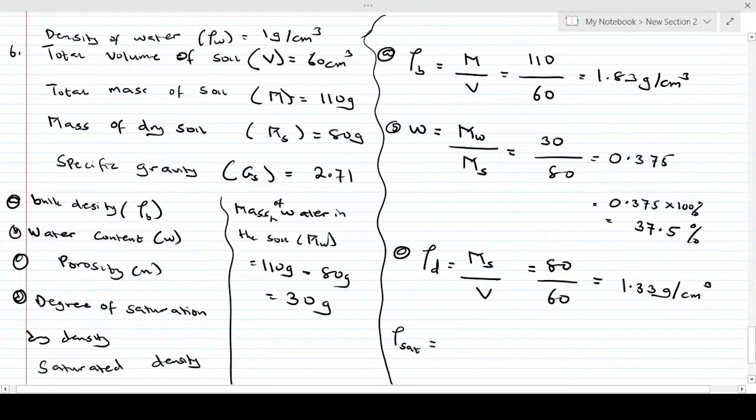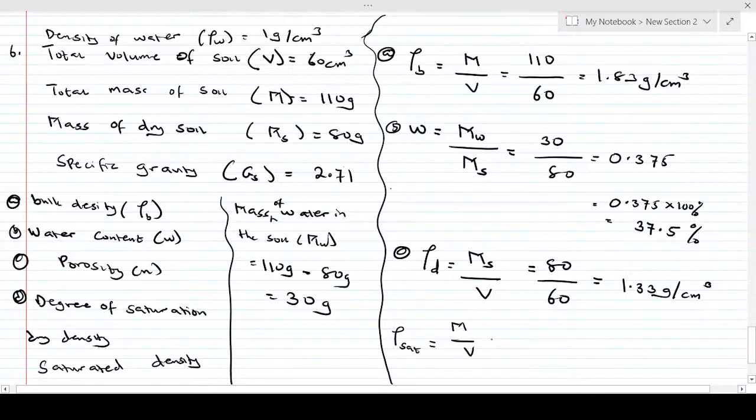So in order for me to find the saturated density, it is the total mass of the soil over the volume, right?